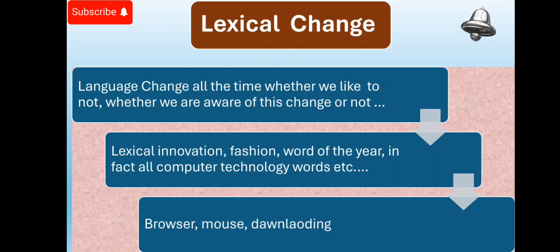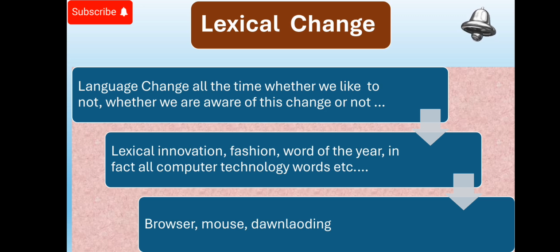Lexical change. As we are talking about language change, the first part consists of lexical change. When we say lexical change, we are talking about vocabulary, right? It might be that a word did not exist in the past and now that word exists in a language.